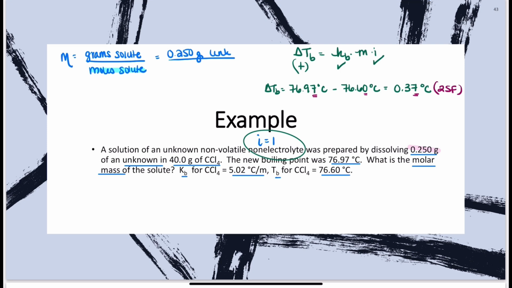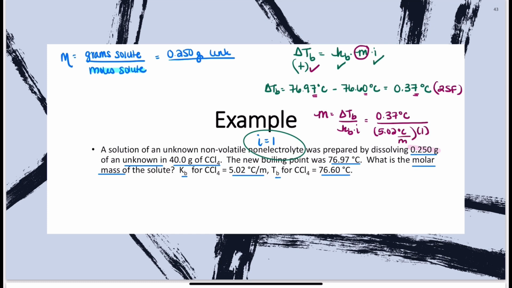I'm going to rearrange this equation up here, because now I have this. I'm going to rearrange the equation to solve for my molality. So my molality will be equal to delta TB over Kb times i. I just found my delta TB to be 0.37 degrees C. I know my Kb, because it's given, is 5.02 degrees C per molal, and I know my i value is 1.